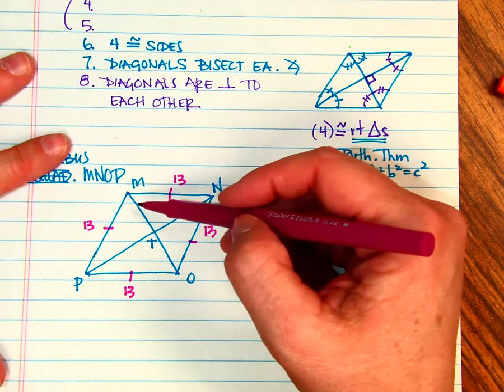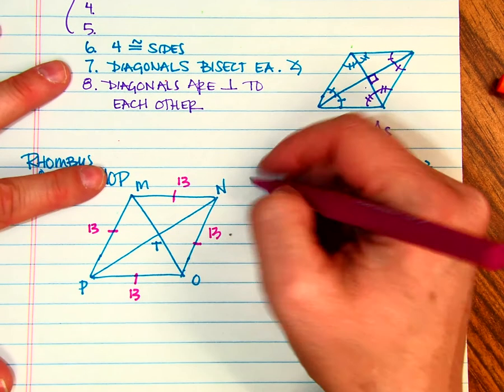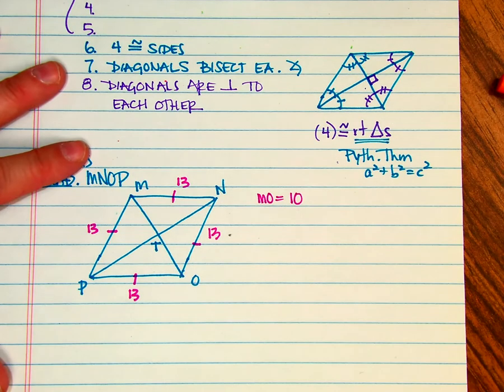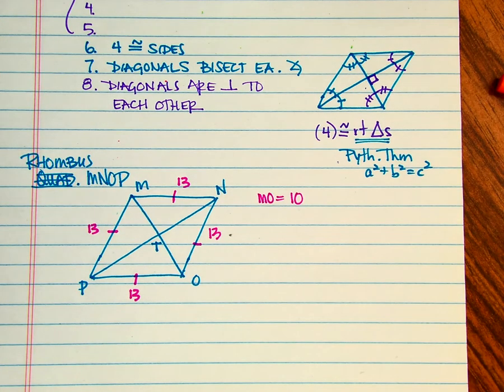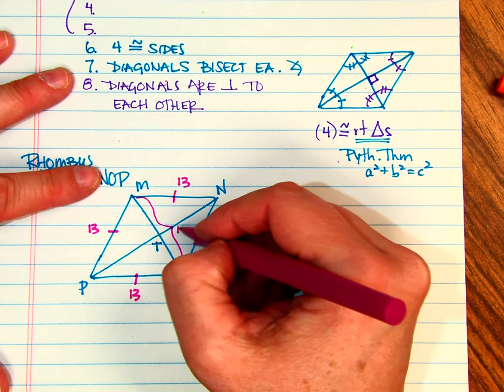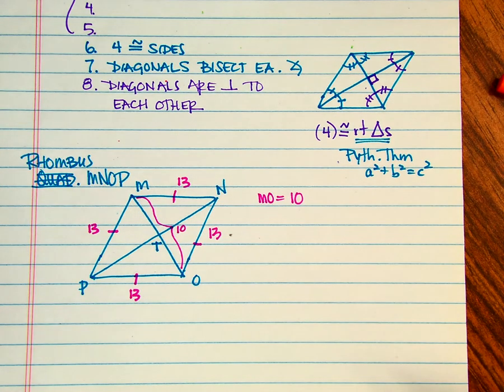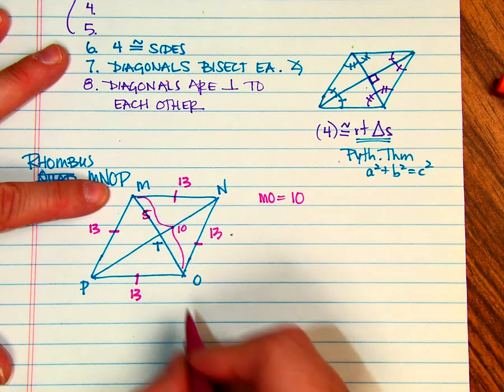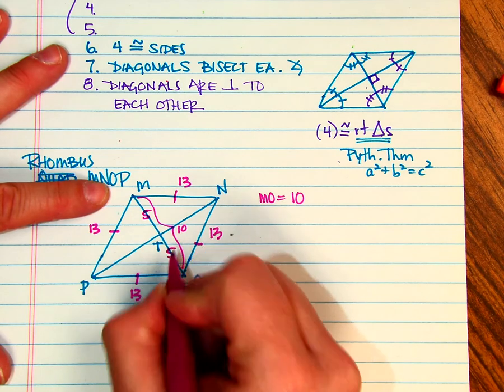If I know that MO equals 10, so if MO equals 10, this whole thing equals 10, because it's still a parallelogram, I know that diagonals still bisect each other, so that means that this piece here would be 5, and TO would also be 5.